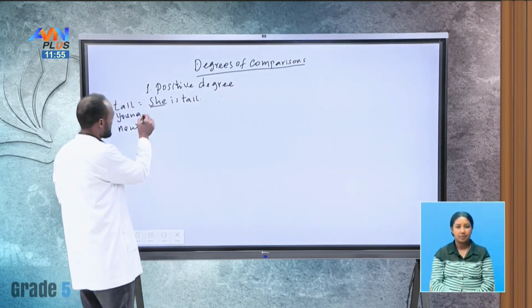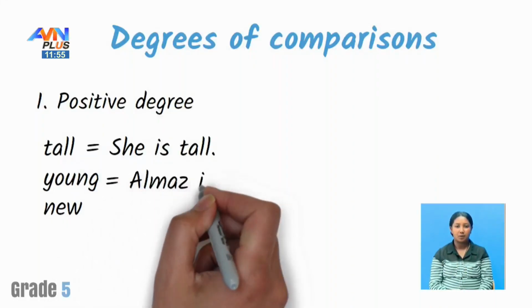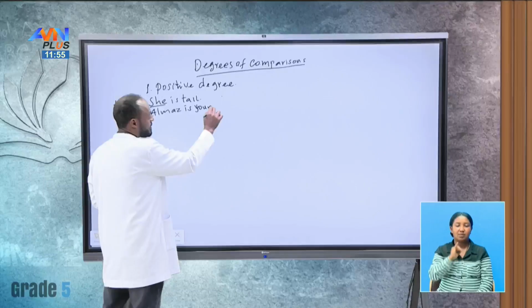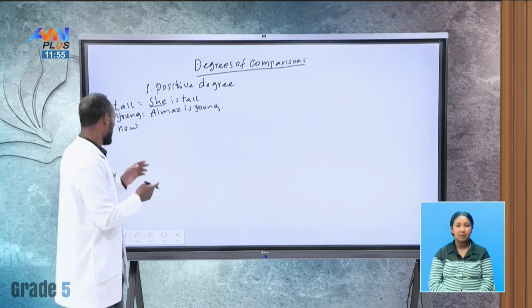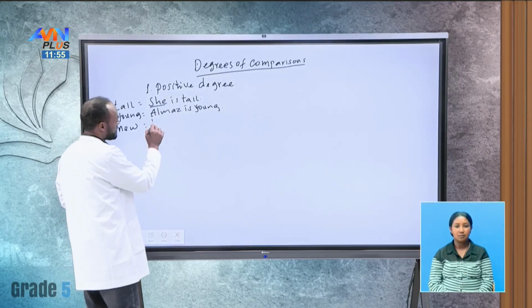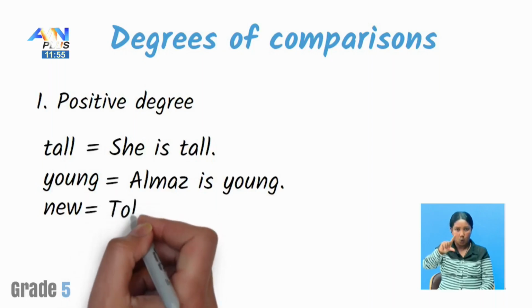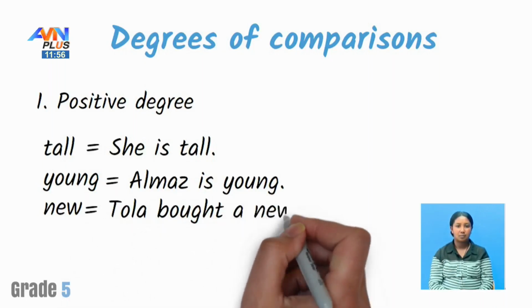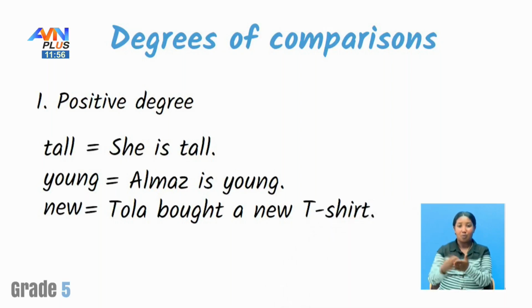And another one is young. We can say Almaz is young. Tola bought a new t-shirt.